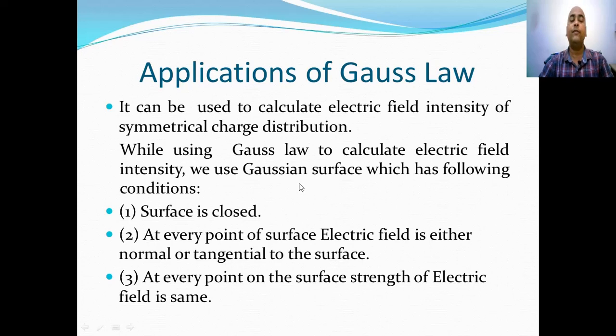The Gaussian surface considered should have the following properties: the surface is closed, at every point of the surface the electrical field is either normal or tangential to the surface, and at every point on the surface the strength of the electrical field is the same. The severe requirement is that the surface is closed.